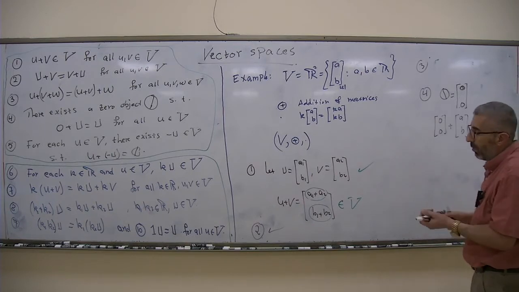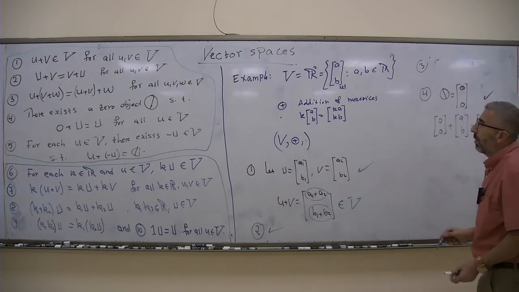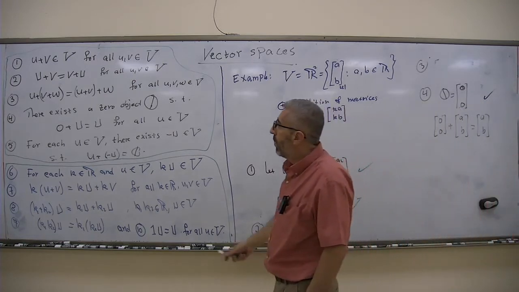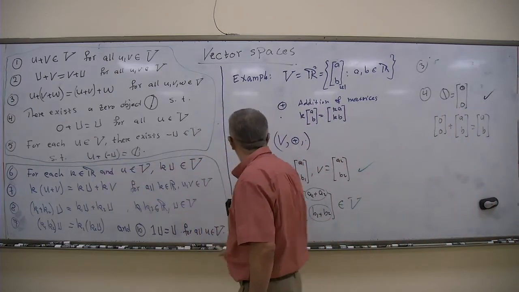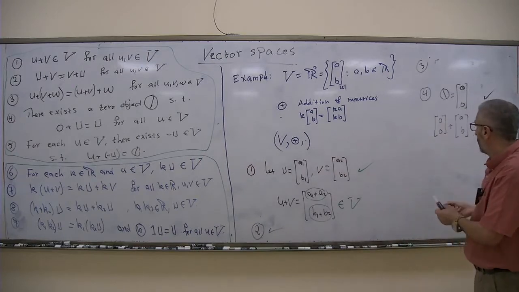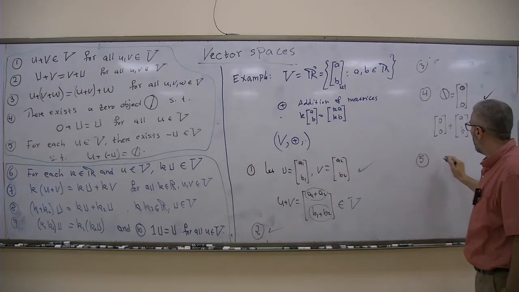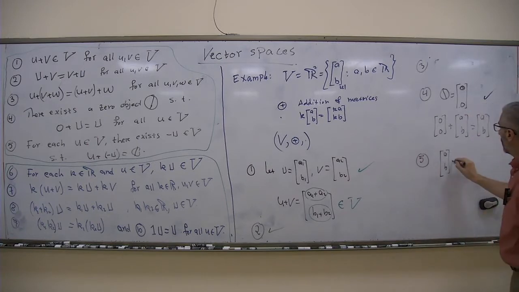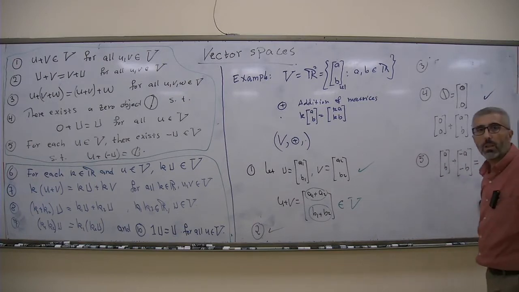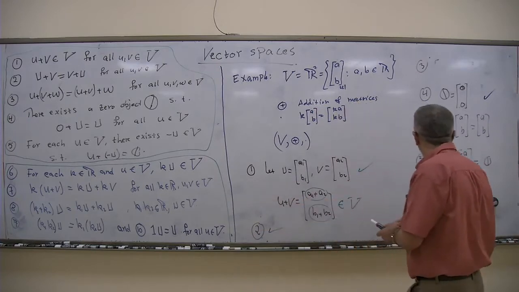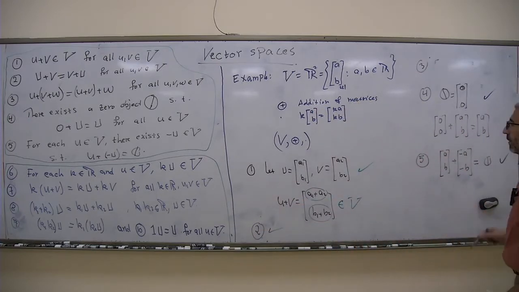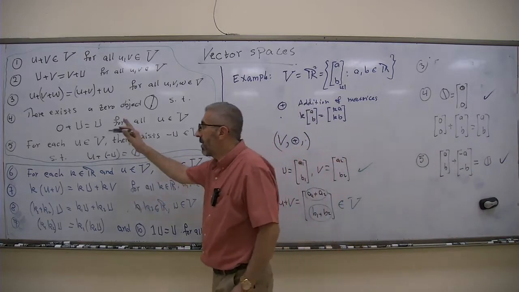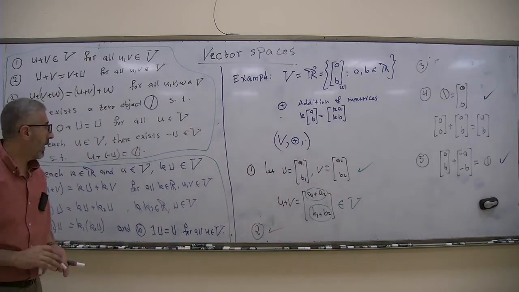So here 4 is also satisfied. What about number 5? For each u, there is negative u. When you add them, what do you get? You get the zero object. Number 5 is valid. So here the first 5 conditions are obviously satisfied.